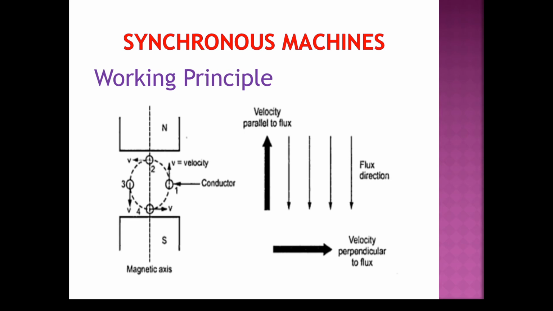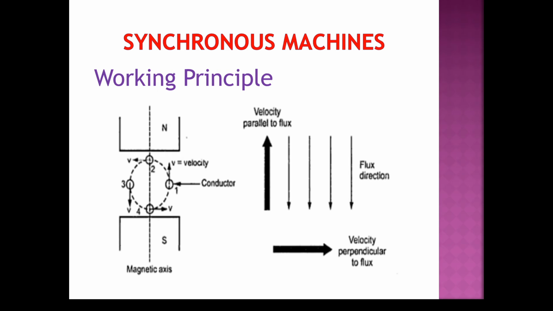We are putting the magnetic axis of these poles to be vertical, shown with a dotted line between the north and south pole. The conductor starts its rotation from point number 1.